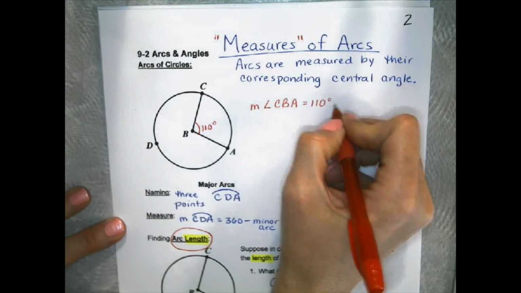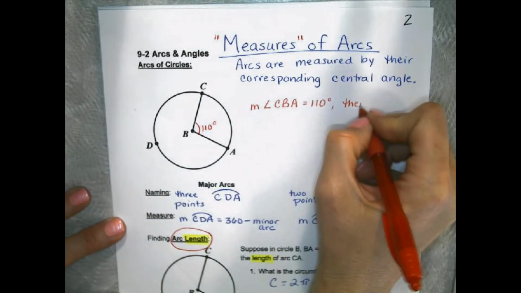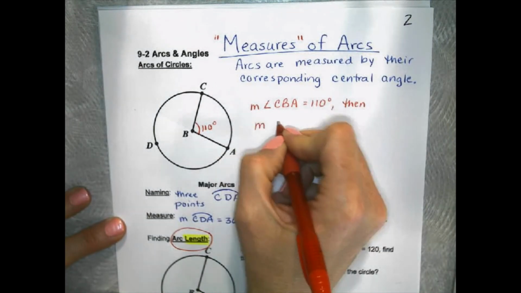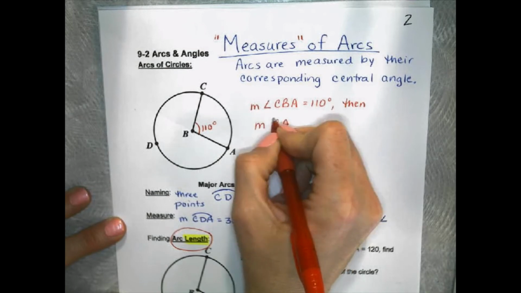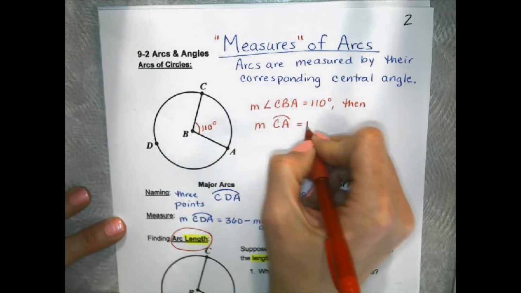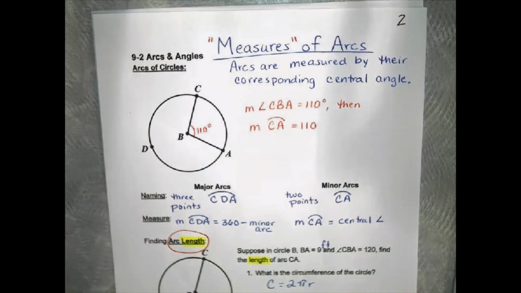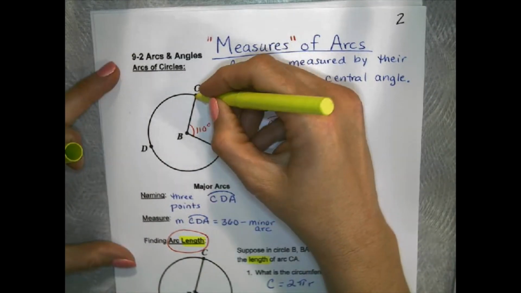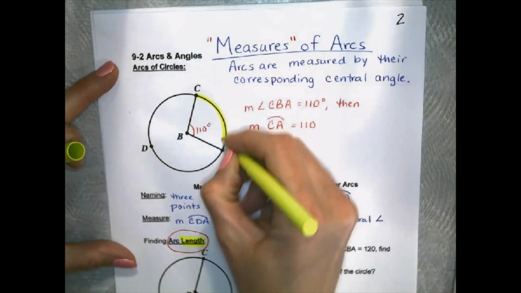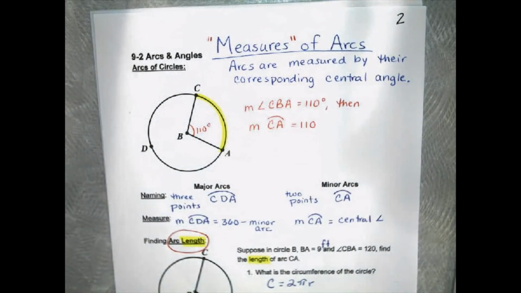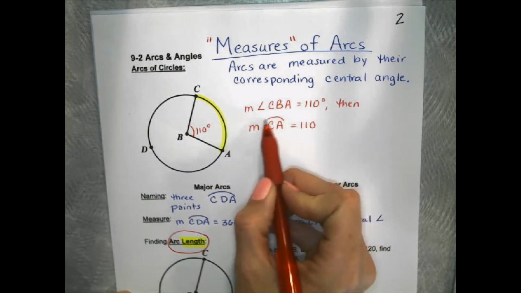Then I would also say that the measure of arc CA equals 110. Arc CA would be the portion of the circle that goes from point C to point A. Notice that when I name an arc, I write the letters and I put an arced line above it.